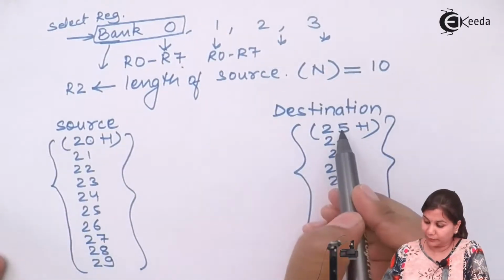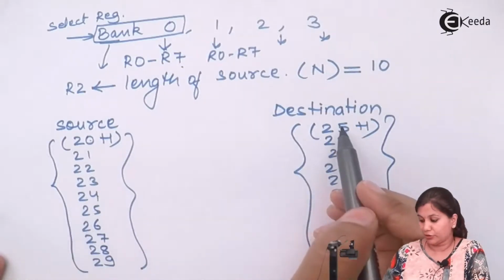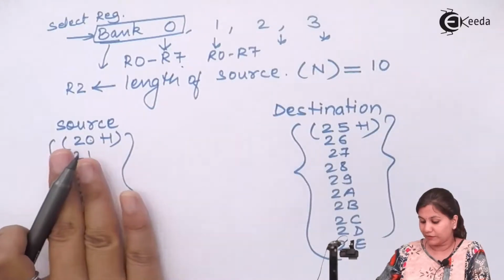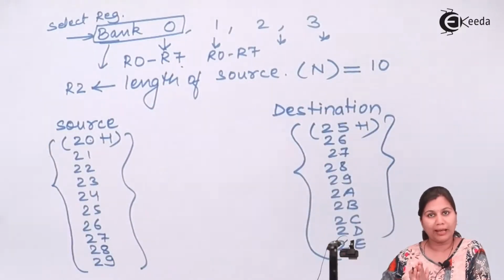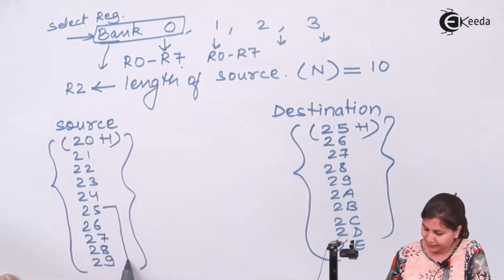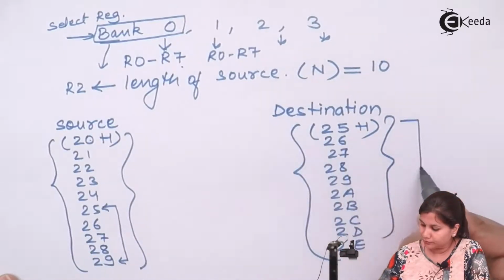Now you can see that 25 is coming in this address also and here also. So when we are transferring that data from 20H to 25H, overlapping is being done. The 25 to 29 memory locations are common in these two.